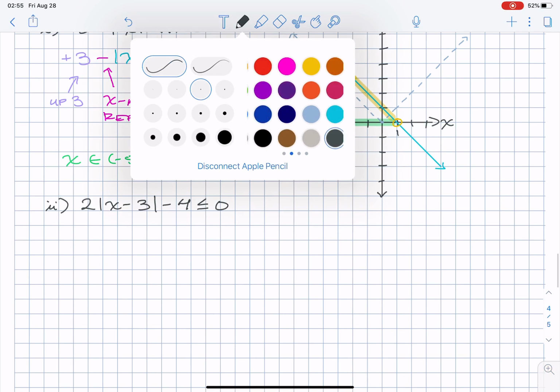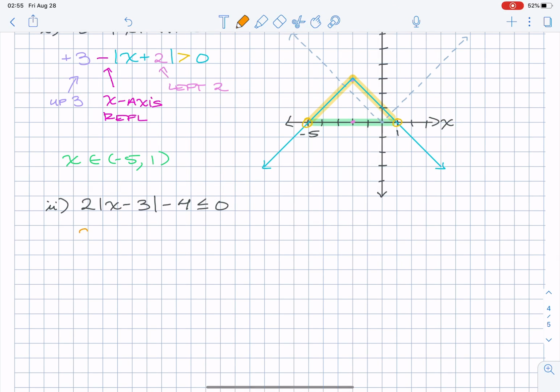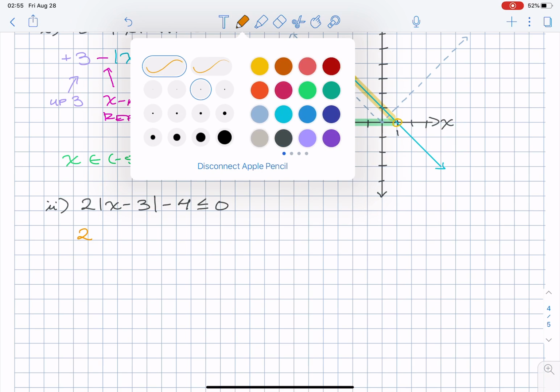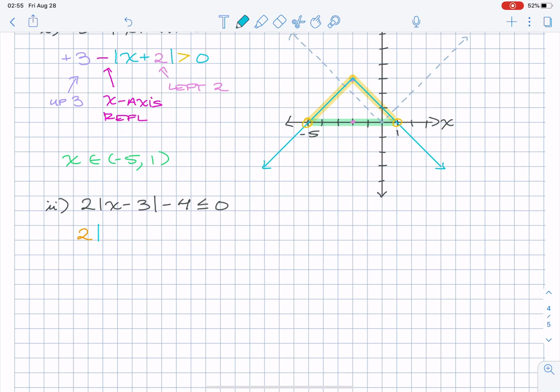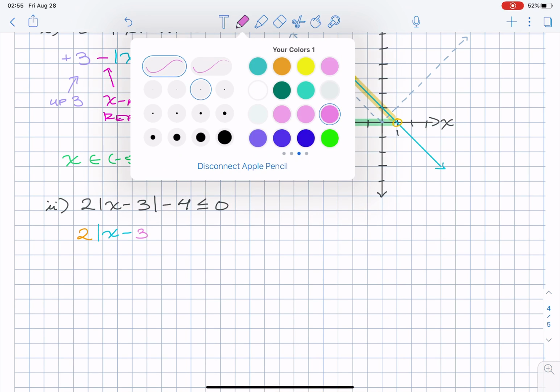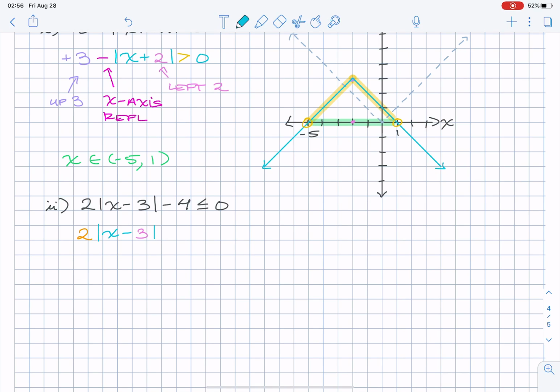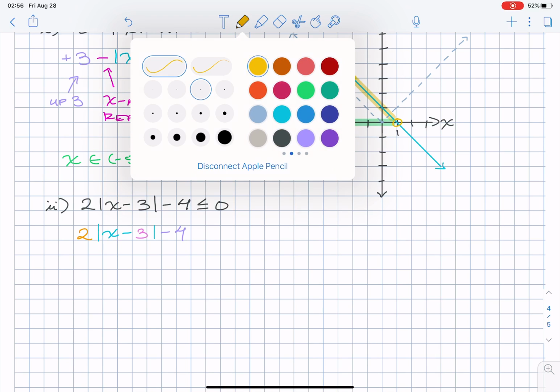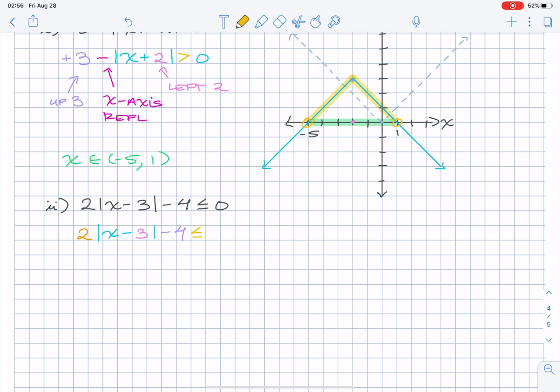Okay, so I have 2 times the absolute value of x minus 3. I'm then subtracting 4, and I want that to be less than or equal to 0.